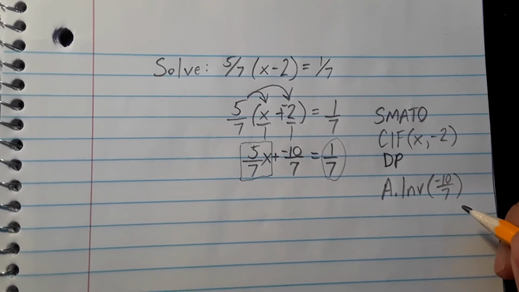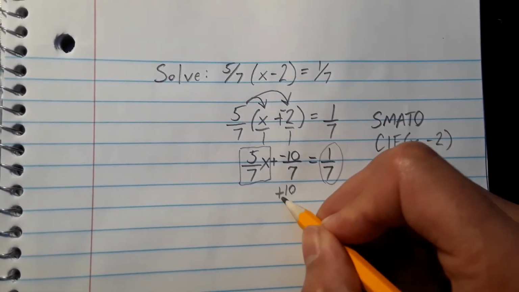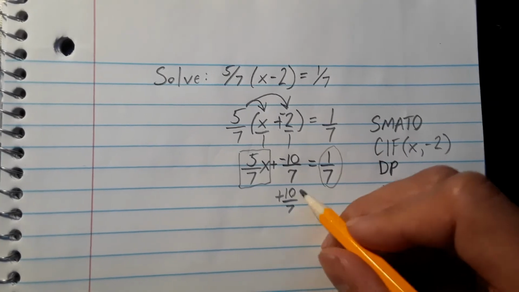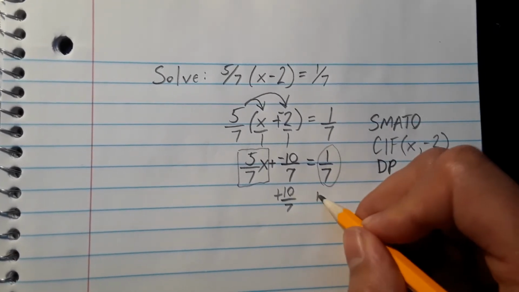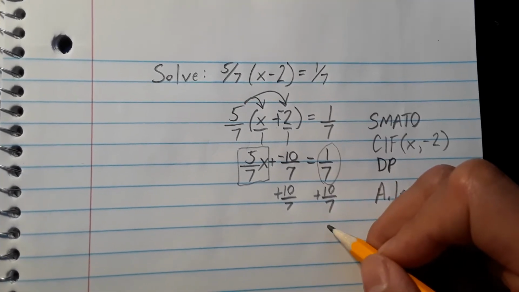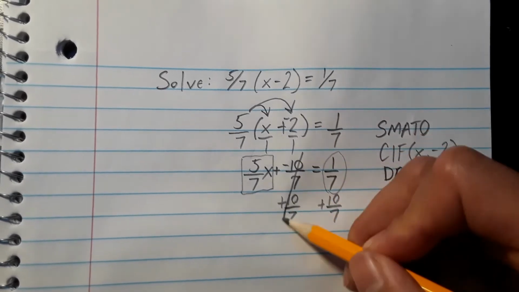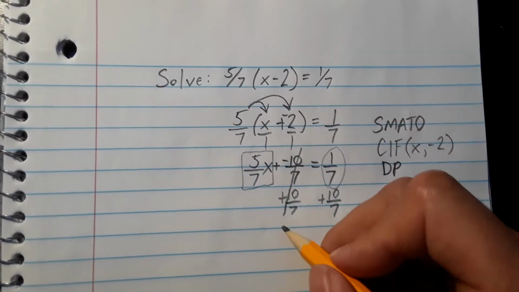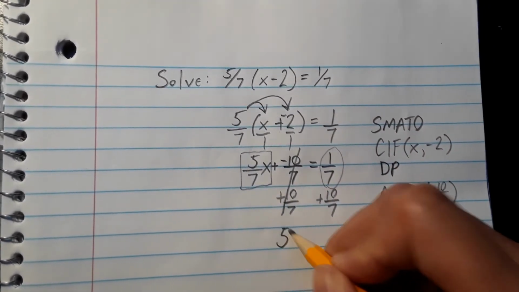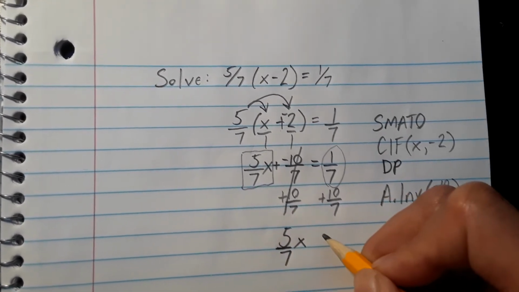And of course, the additive inverse, or the opposite, is positive 10/7. So we got to add that over there and to the right-hand side of the equation. On the left, negative 10/7 plus positive 10/7 just cancels out. And our left-hand side of the equation, we're left with 5/7 x.